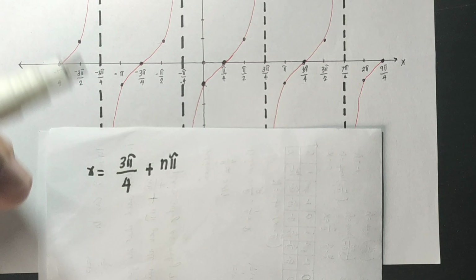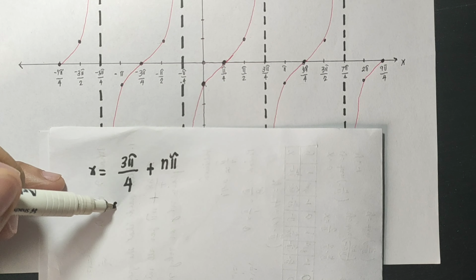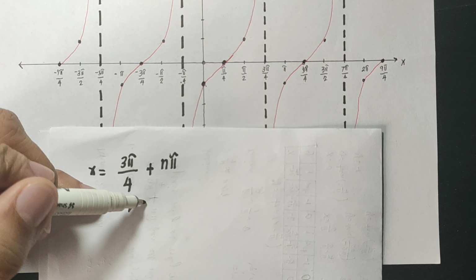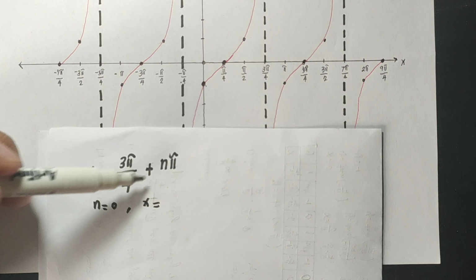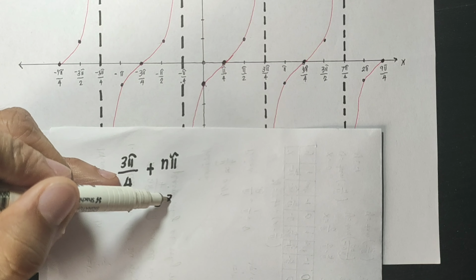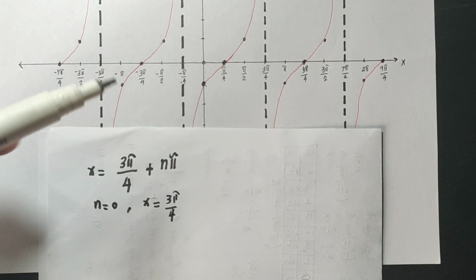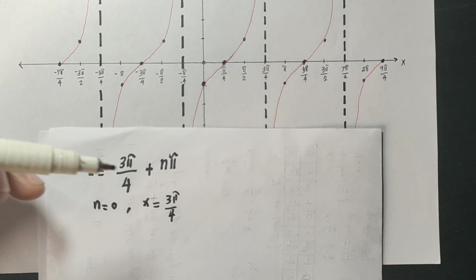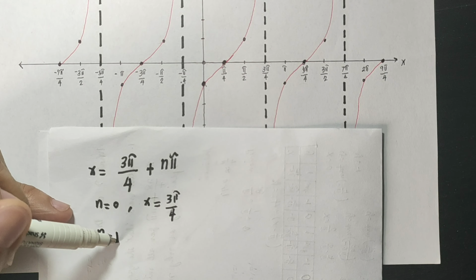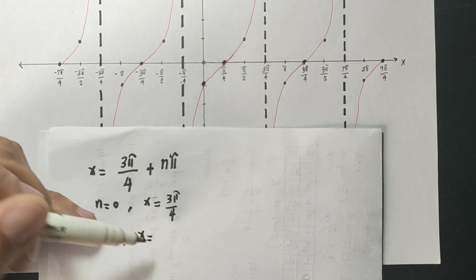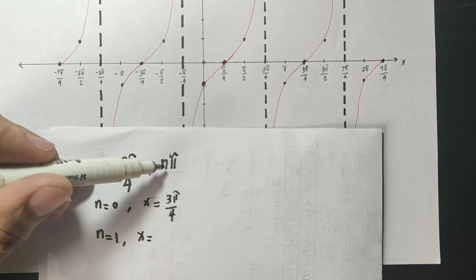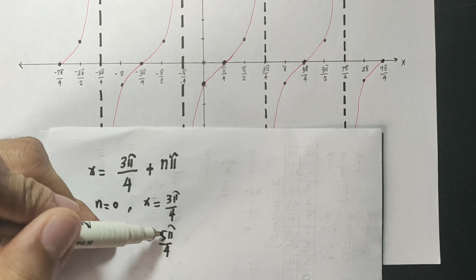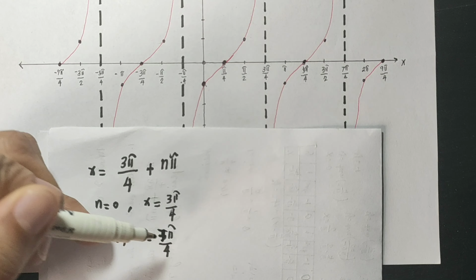So when n is 0, x is equal to 3 pi over 4, and you can find it there. When n is 1, x equals 3 pi over 4 plus pi, that will be 7 pi over 4.